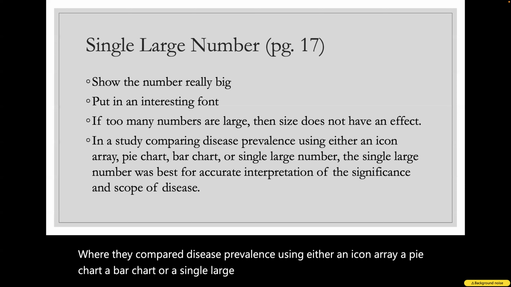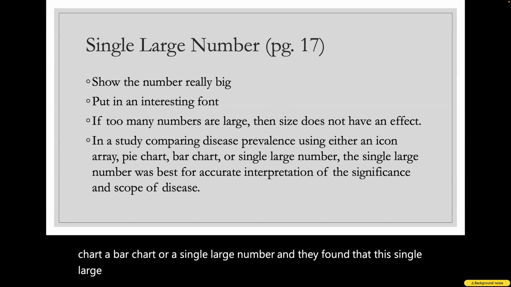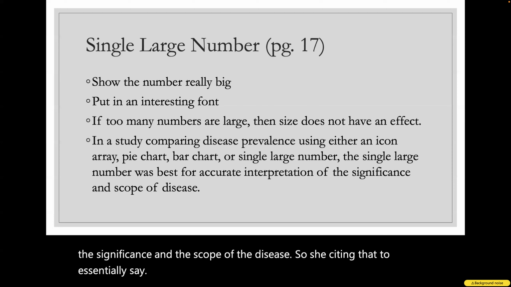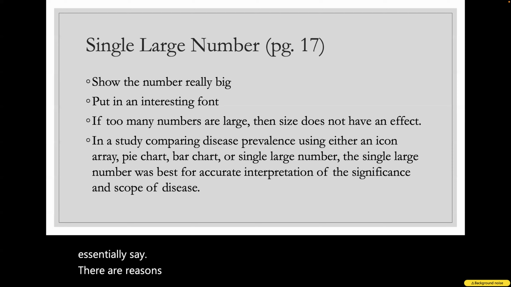And they found that this single large number was actually the best method for accurate interpretation of the significance and the scope of the disease. So she's citing that to essentially say there are reasons why the single large number technique can be really useful.